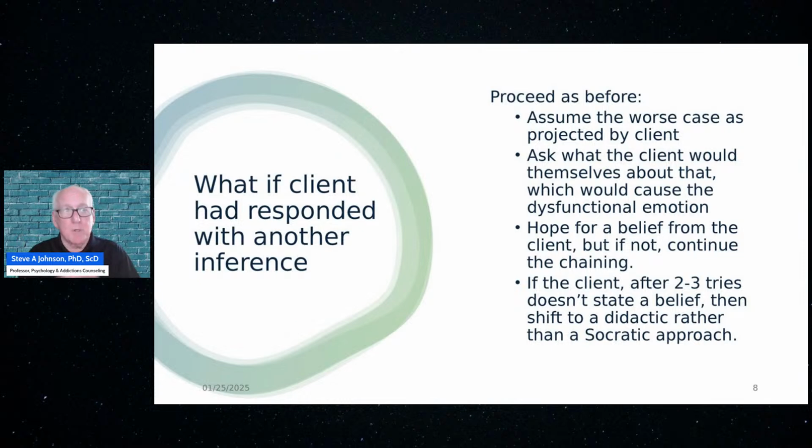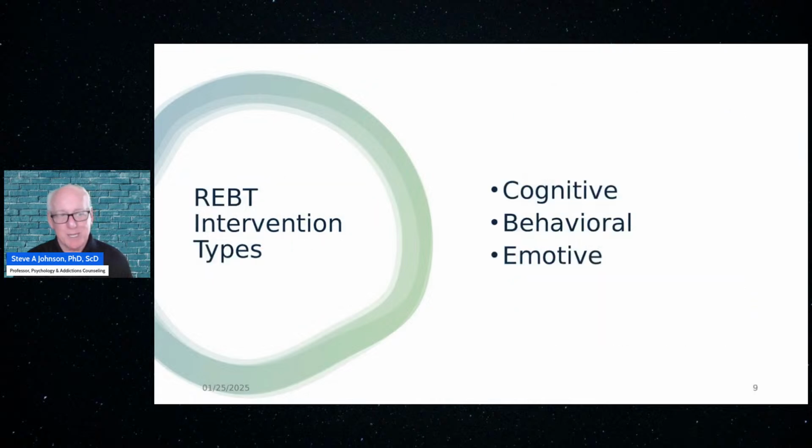And if we just keep doing the same thing over, they're going, I thought I told you, why are you not getting it? The point is not to frustrate our client. The point is to try to help them move from the inference to the belief so that we can actually change that dysfunctional belief to a more functional one after we have disputed it. Okay, I hope that's pretty clear.